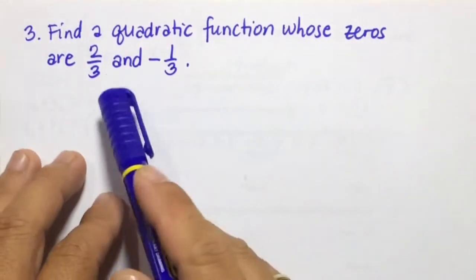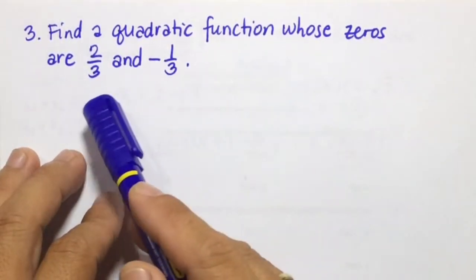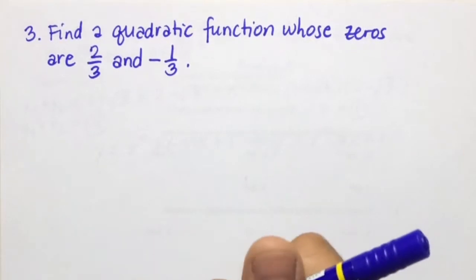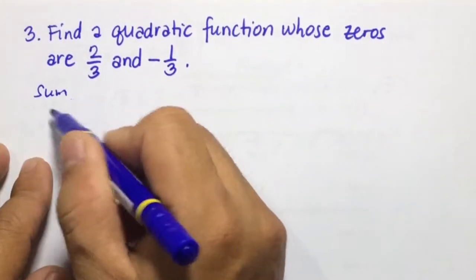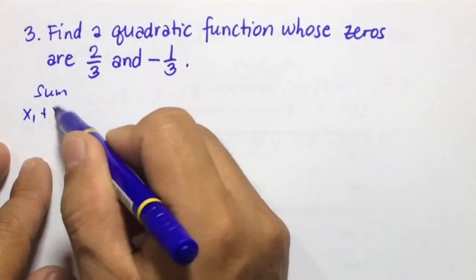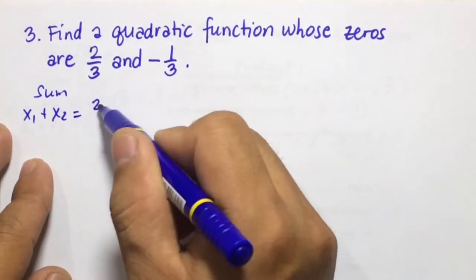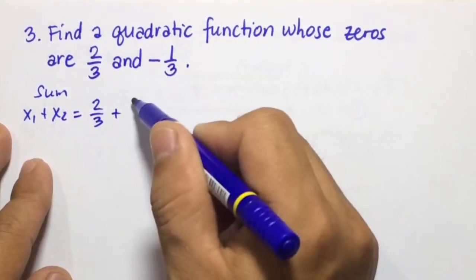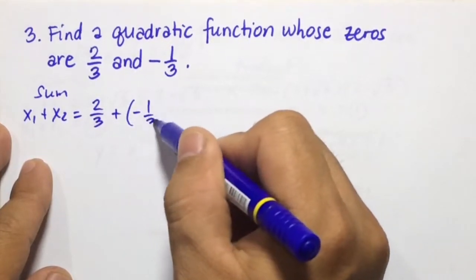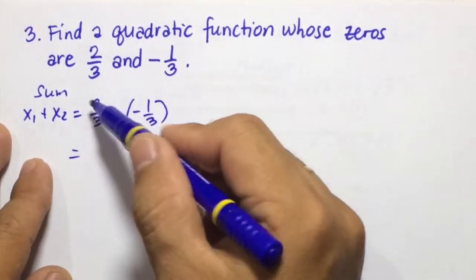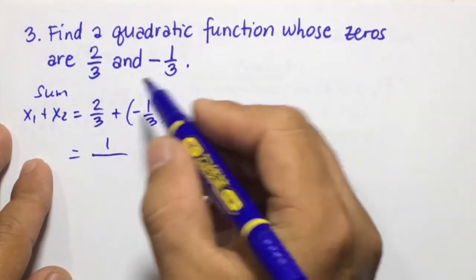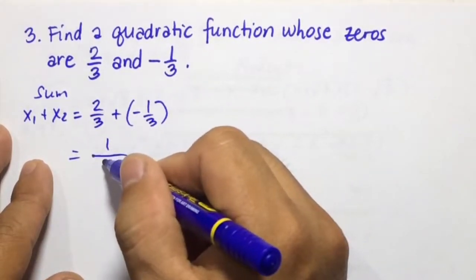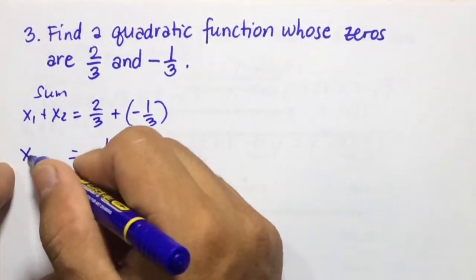Example number 3. Find a quadratic function whose zeros are 2/3 and negative 1/3. So we're going to have the sum. X sub 1 plus x sub 2 equals 2/3 plus negative 1/3. So 2 plus negative 1, that will be 1. Then copy the denominator 3.